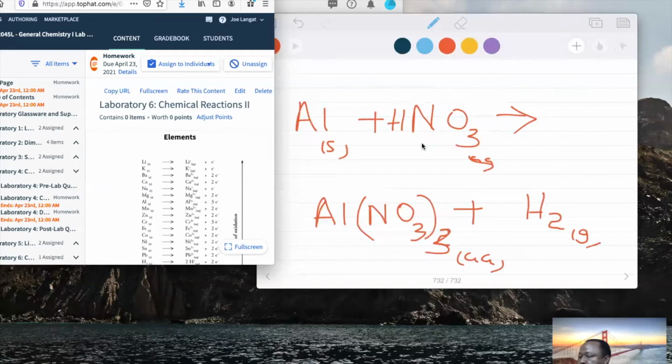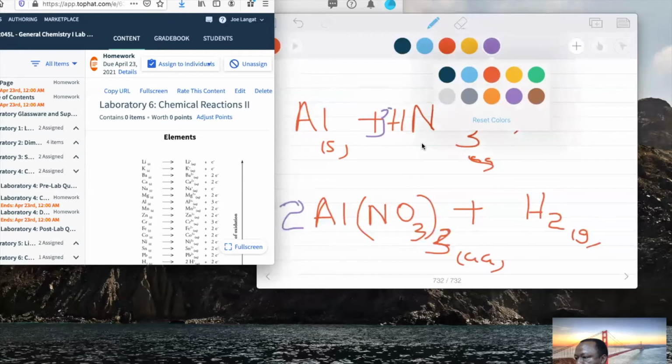This will call for trial and error. Let's use 3 here. That's not going to work for the number of nitrates. So suppose 2 here, and then we have 6 here.